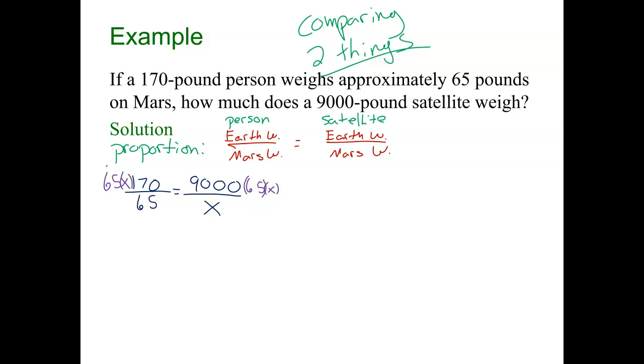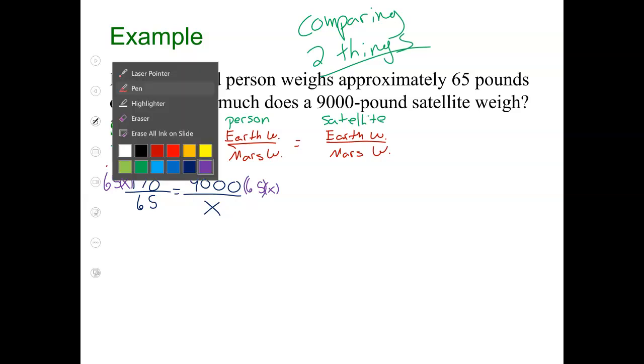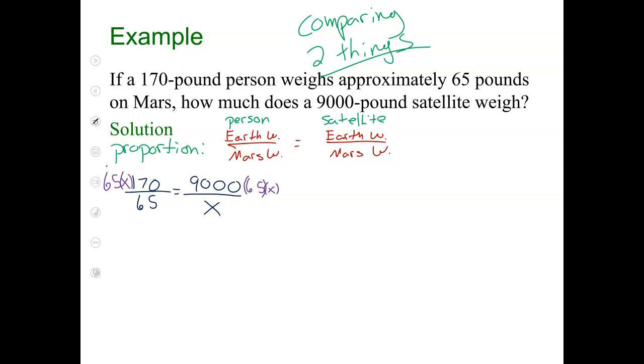Okay? So, now that I'm doing the multiplication, the next step is to cancel. What am I canceling in the first one? Leaving me with 170x. Okay? What cancels in the second one?